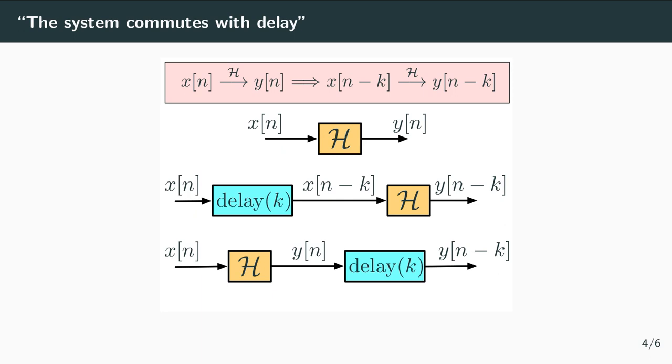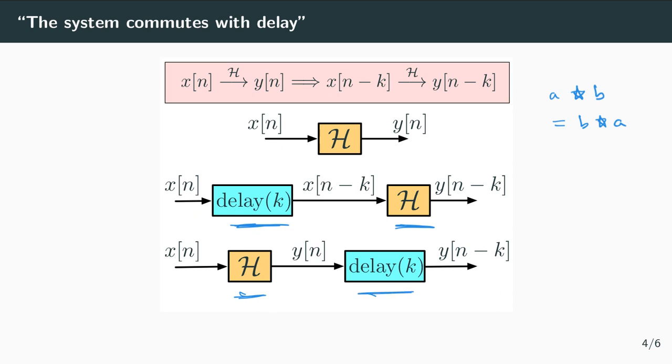And what do I mean by commutes with delay? Remember, an operation, if I call it star, A star B is commutative if A star B equals B star A. And so what we're saying is if I have a delay and a system, and the system is time invariant, then I can swap them. I can do the system first and then the delay.